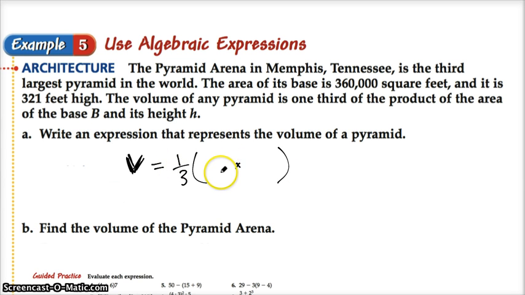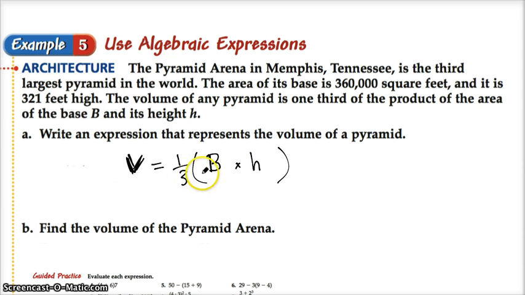We remember product as a vocabulary word from our earlier section, the product of two things, the base, capital B, and the height of the particular pyramid. The area of the base is what this capital B refers to.